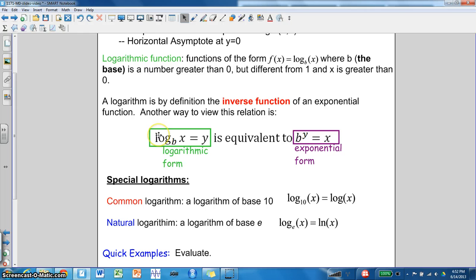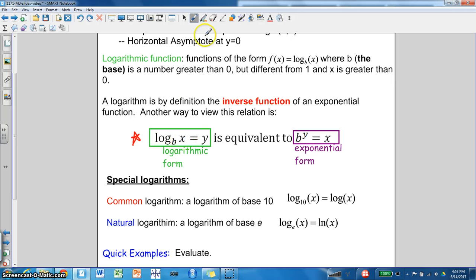One of the important ideas with logarithms and exponentials is to be able to go back and forth. If we start in logarithmic form, we should be able to convert it over to exponential form and vice versa. Notice that b remains the base of the logarithm and is still the base of the exponential form.